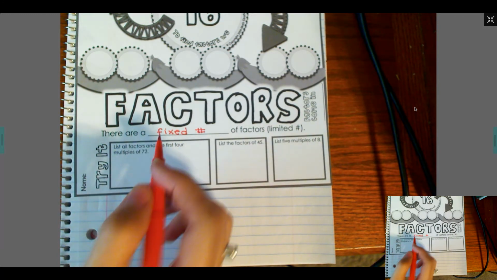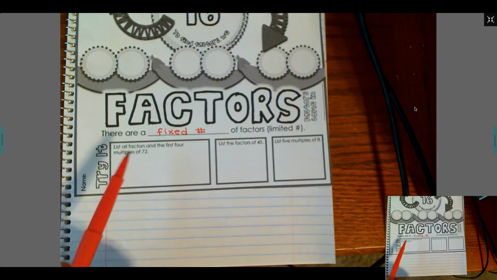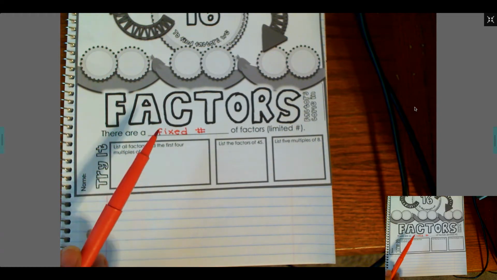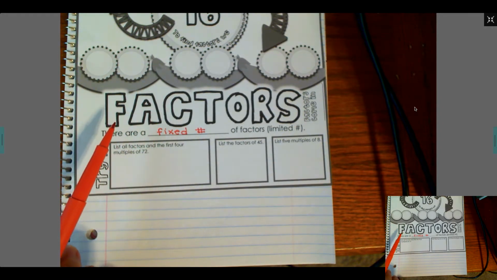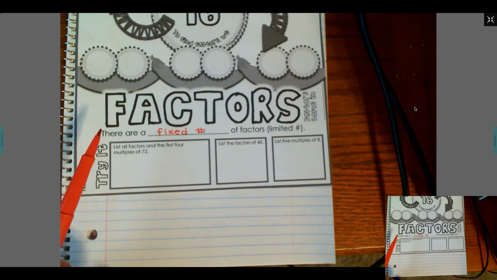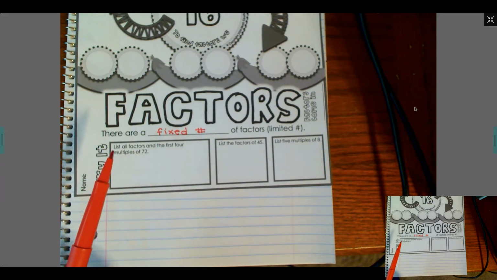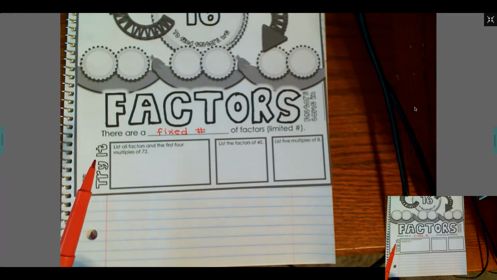We talk about alliteration like we did last week in our literary device study. There are fixed factors that might help you remember how many factors or what factors are. That means there's a limited number of factors. Factors are something that there are a certain number of, and that's it.